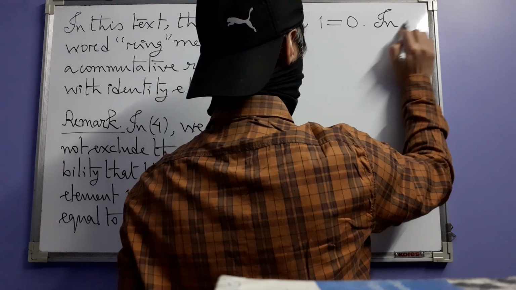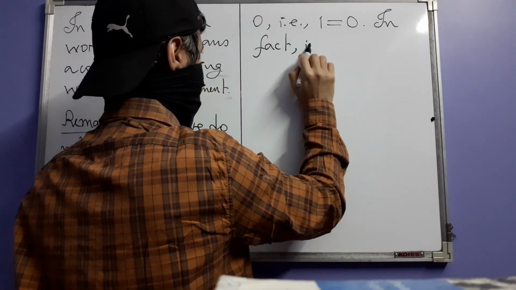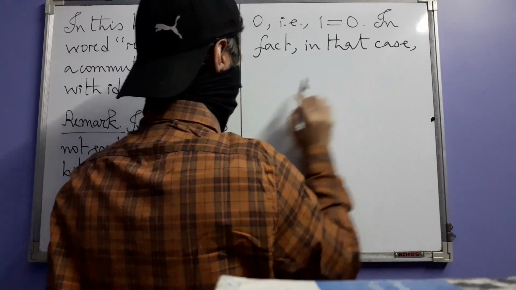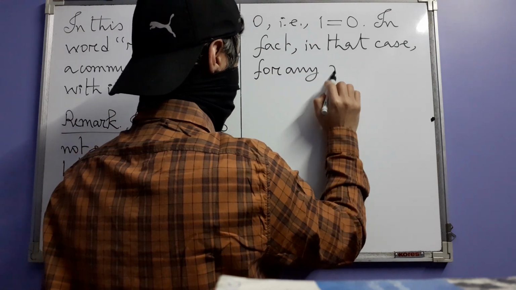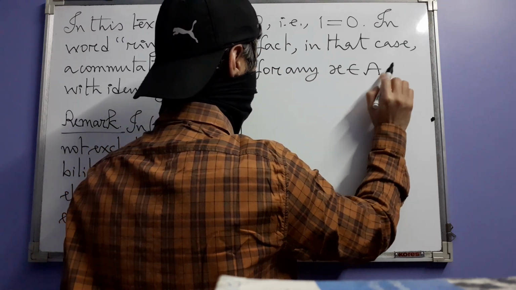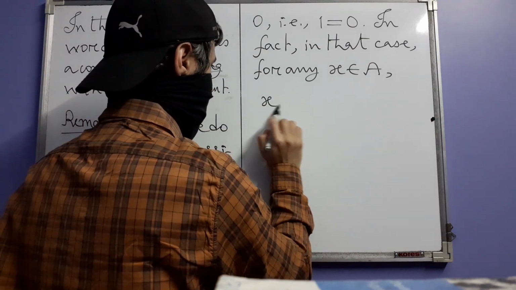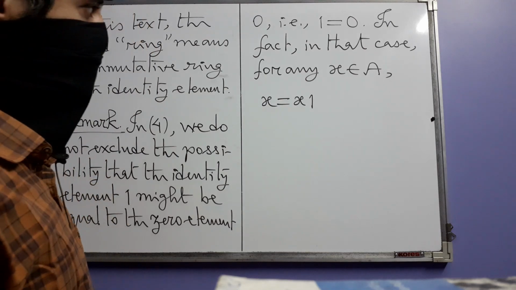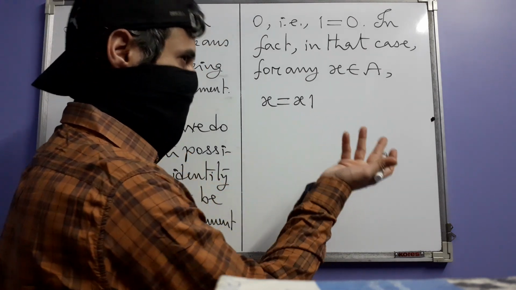In fact, in that case, for any element x in A, we would have this. x of course is equal to x1. Why? Because 1 is an identity element. This is what identity elements do.